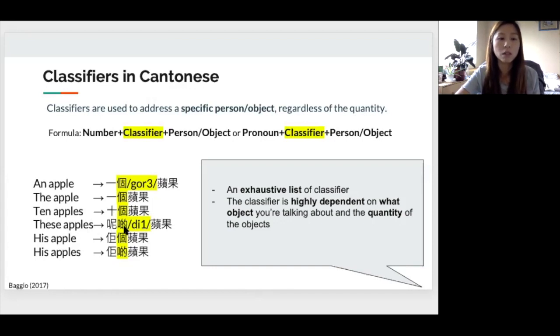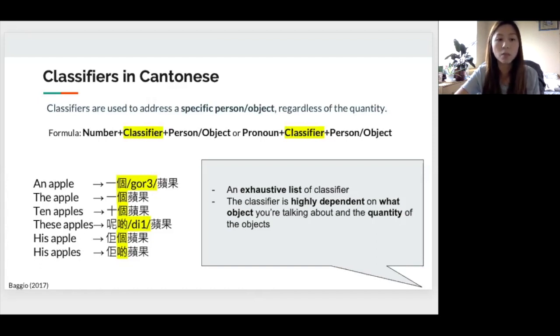Just a reminder that there is an exhaustive list of classifiers in Cantonese, and the use of classifiers is highly dependent on what object or the quantity of the objects you're describing. And again, plurals are not inflected in nouns. One apple is called an apple, and 1,000 apples is still called an apple in Cantonese. We still refer to it as apple.